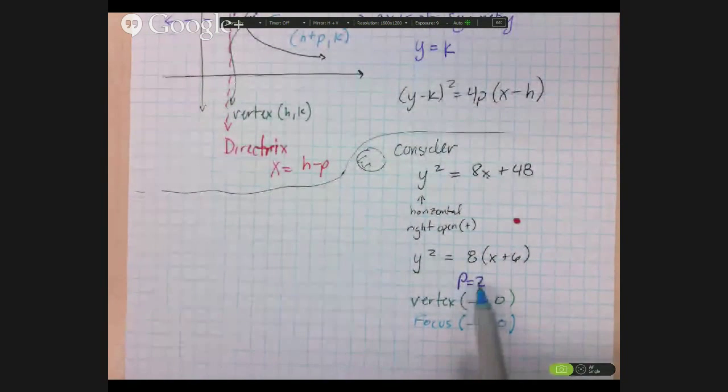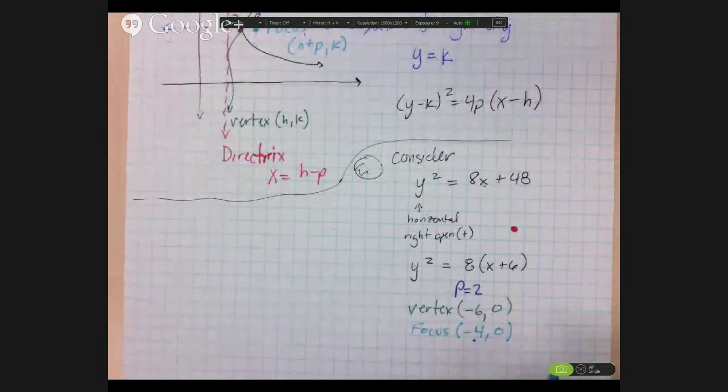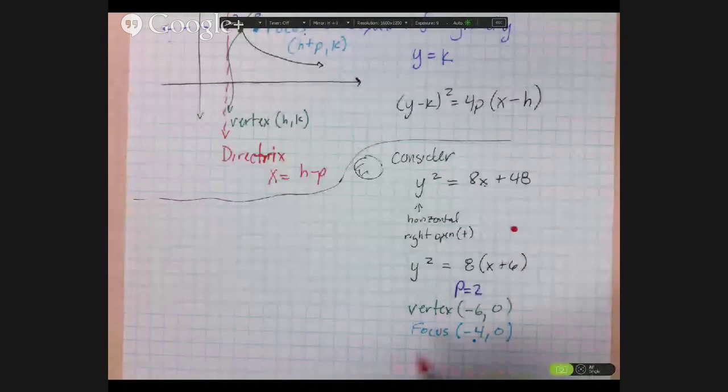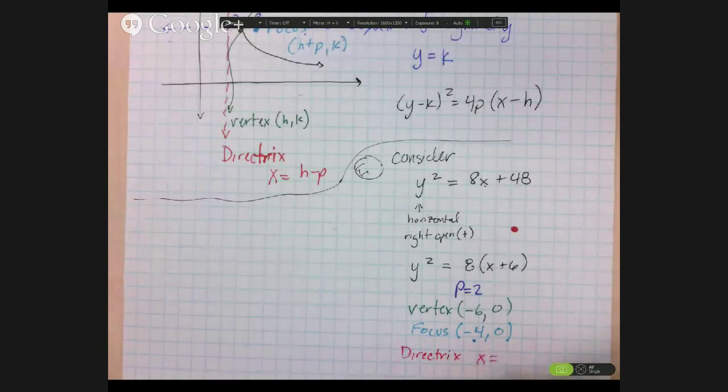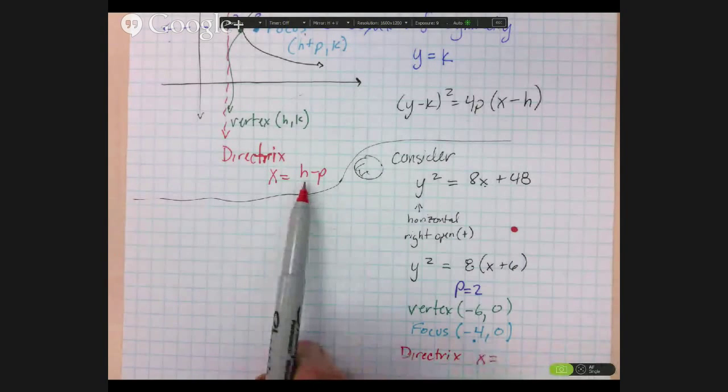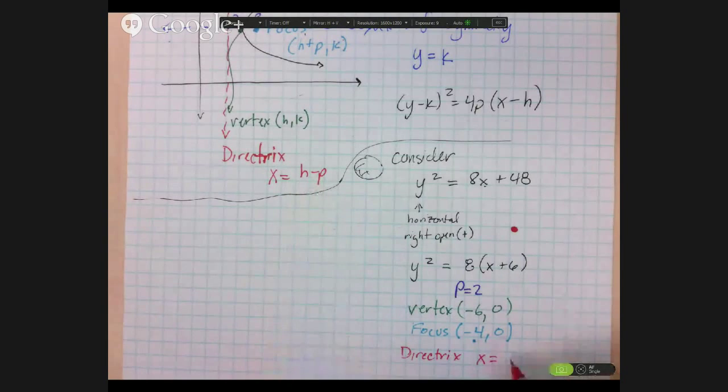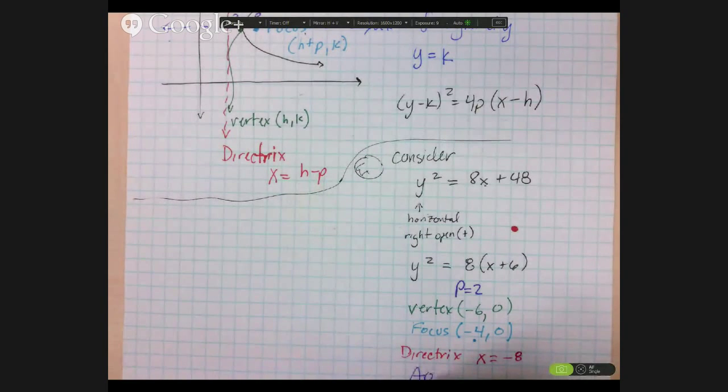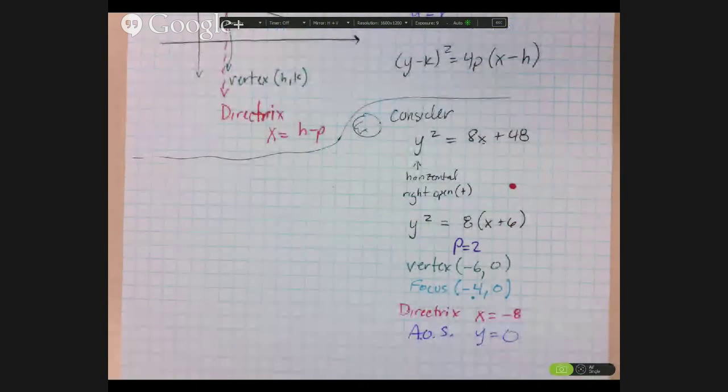So it's -6 plus 2, h plus p. Okay. Directrix. Somebody said it. -6 minus 2 is -8. And the axis of symmetry. y equals k, which is 0. Okay. Nice.